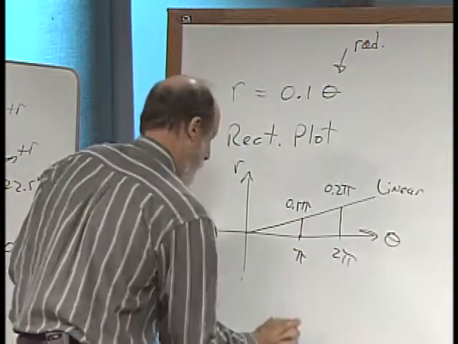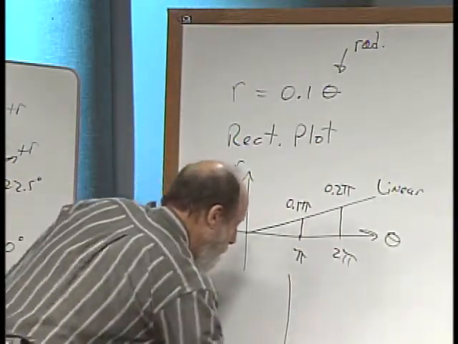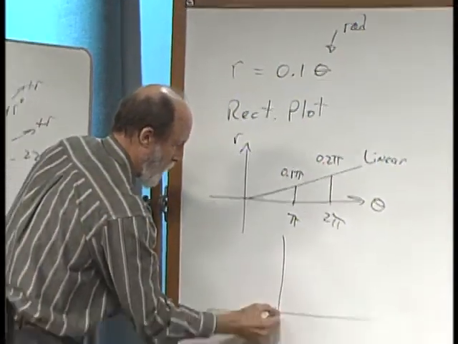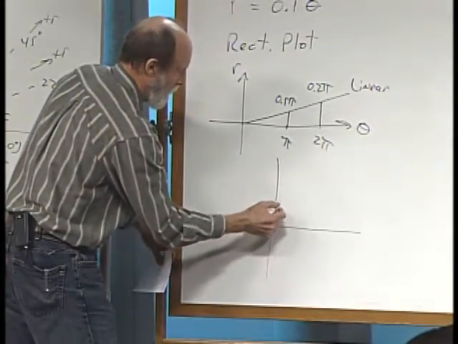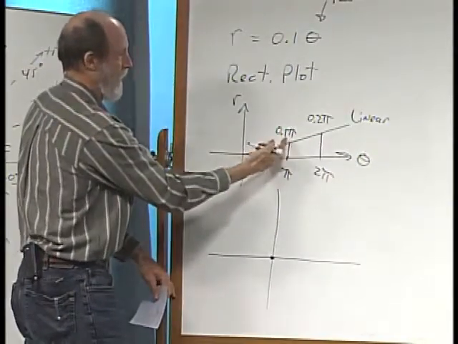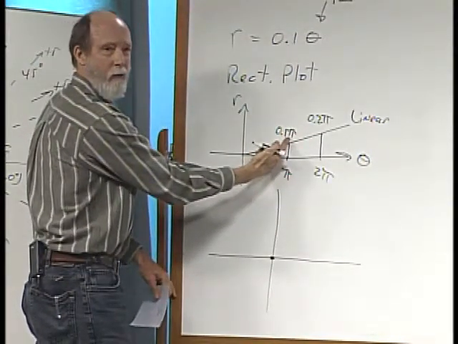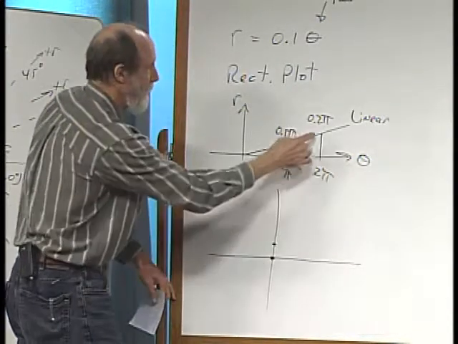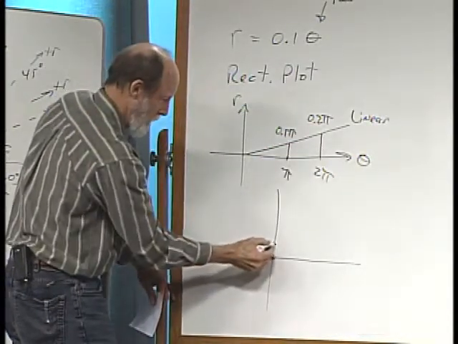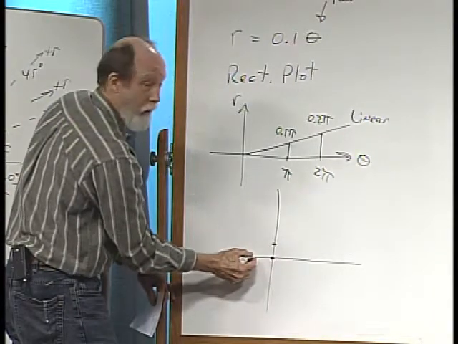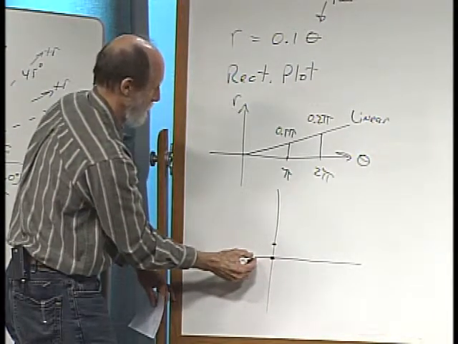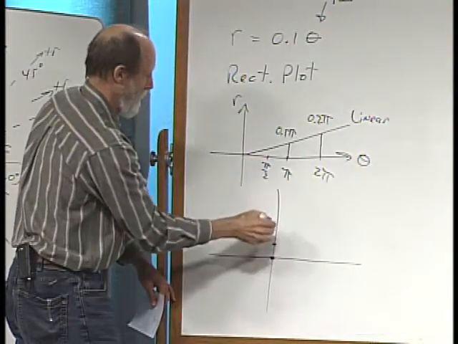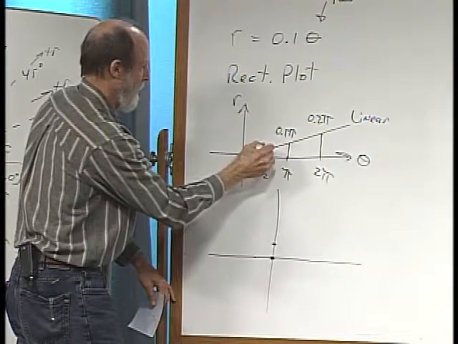Okay, so the plot you should expect to see is something that starts with a 0 radius off the pole, and it's going to grow. And when you get to 90 degrees, it's going to be about 1/10 of 3, which is about 3/10. When you get to 180 degrees, it's going to be double that, right? See, if you're here at 90 degrees, actually, I didn't do that right.